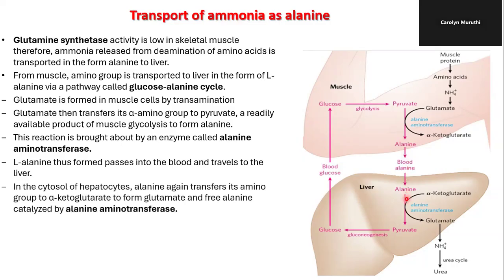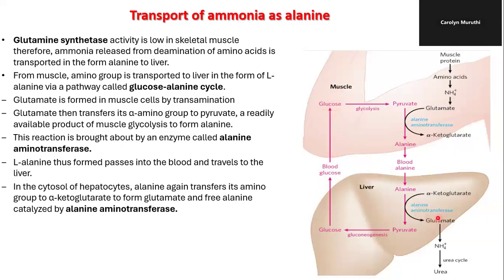And in the cytosol of the hepatocyte, alanine transfers its amino group to alpha ketoglutarate to form glutamate and pyruvate. And this reaction is catalyzed by alanine aminotransferase. And so pyruvate, through gluconeogenesis, is converted to glucose, which is then transported via blood to muscle.